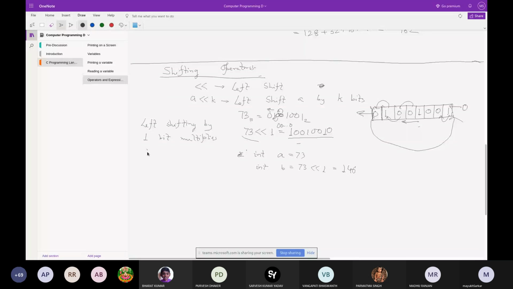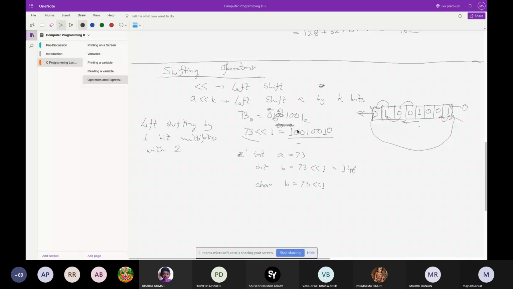But what if you store it into a character? As you can see, in that case this first bit is 1, and what you'll get is a negative number, depending upon whether you are taking a signed char or unsigned char. In the case of unsigned char, you will get 146 again, because this bit will be considered as a value bit.